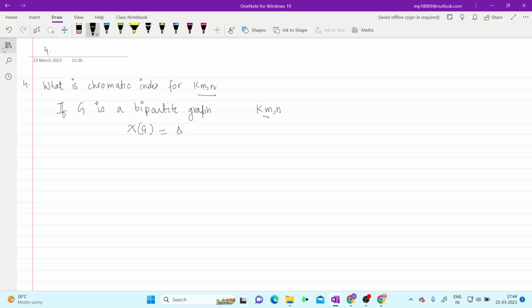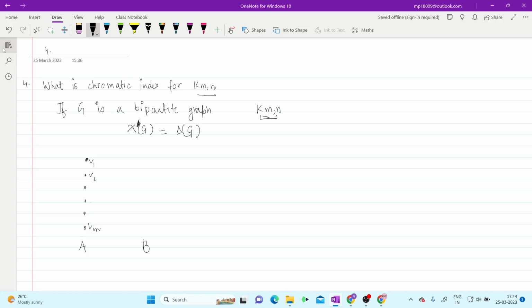So the chromatic index for this graph will be the maximum degree. So what is the maximum degree of a complete bipartite graph? By a complete bipartite graph, we mean that set A has m vertices, v1, v2, ..., vm.